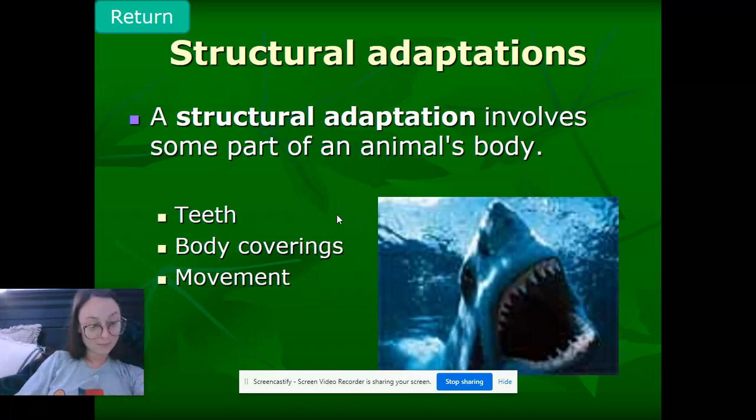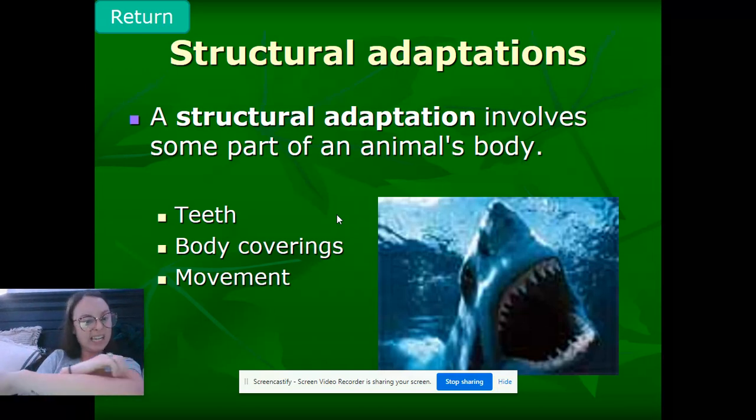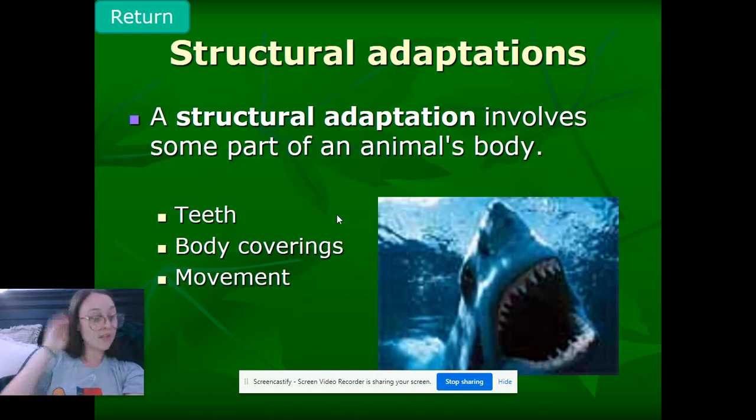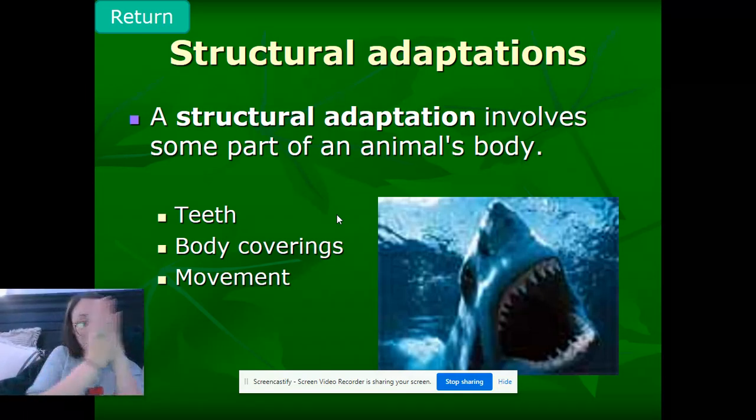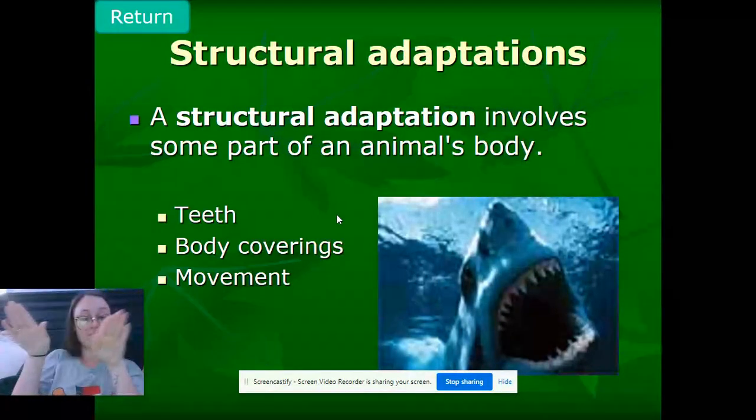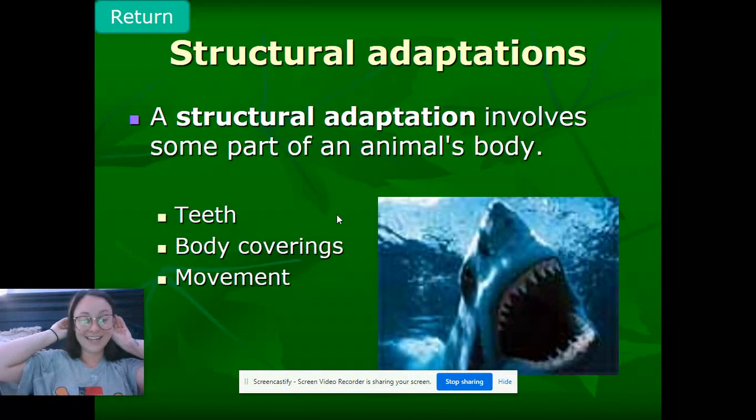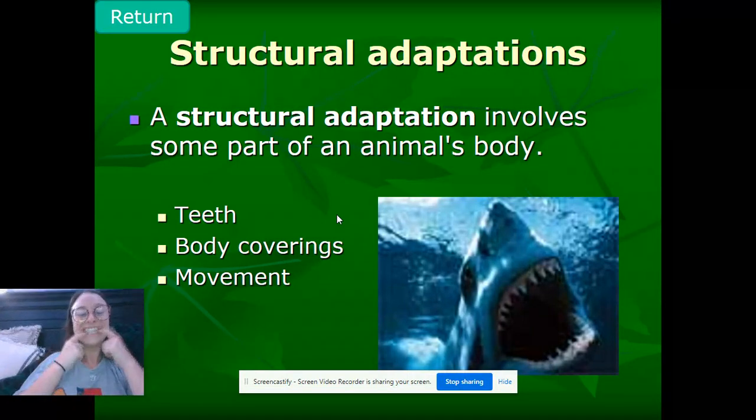Can you give me an example of a structural adaptation? You're right. Their skin, maybe they're slimy, maybe they have feathers. Their body coverings. What's another one? You're right. Their movement, how they move, whether they're a snake and they slither around, or a bird and they fly, or the last one, everybody, is teeth. You're right.